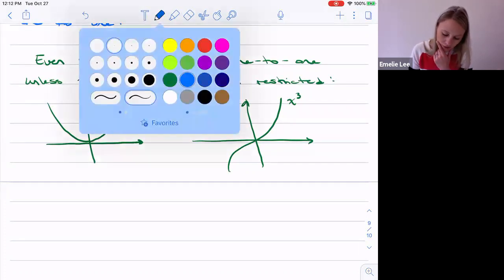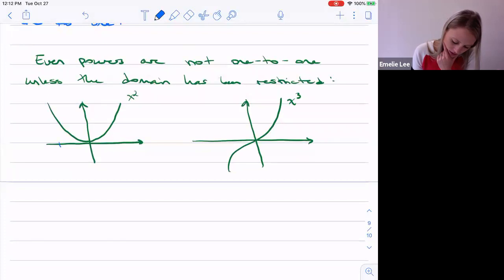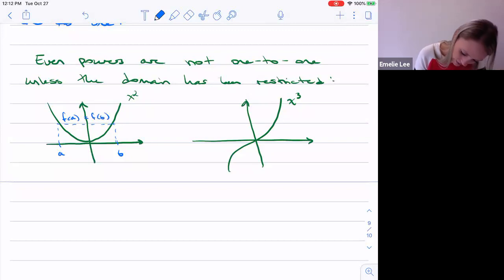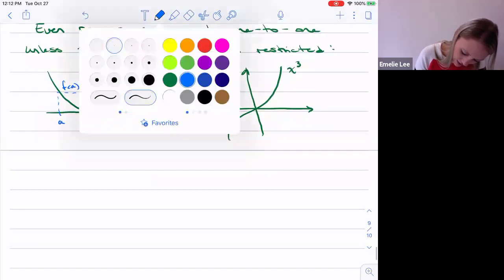If we have A and B, what we're finding is that they have the same output, right? That by definition is not one-to-one. So here, f of A is equal to f of B, so not one-to-one.